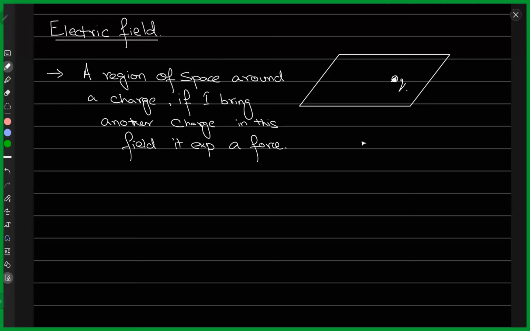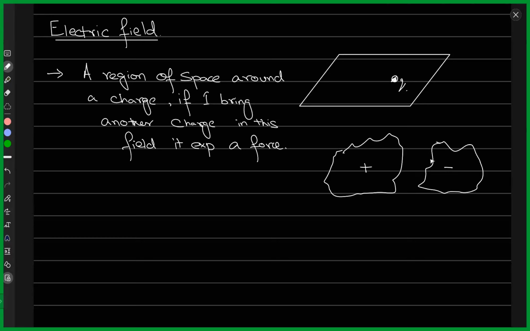So here what happens is, if I have a positive charge, it creates an electric field around it, which we drew before as the radial lines going outwards. Now suppose a negative charge is sitting over here, outside this field, completely separated and isolated from each other. Nothing is going to happen.